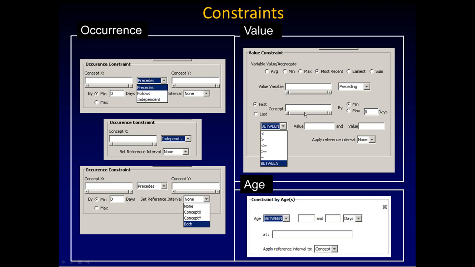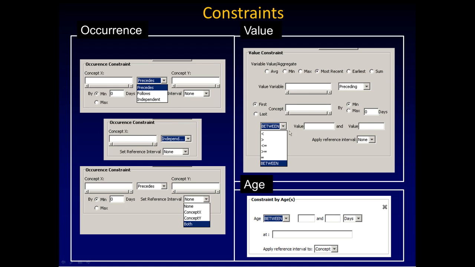And for value constraints, since they're generally numeric values, users can say that they want to use the average, the minimum, the maximum, the most recent value. They can drag and drop a numeric or actually a text-based variable over here. And then they can say that that value has to occur before, after, same thing as over here, to some other concept optionally within a certain number of days.